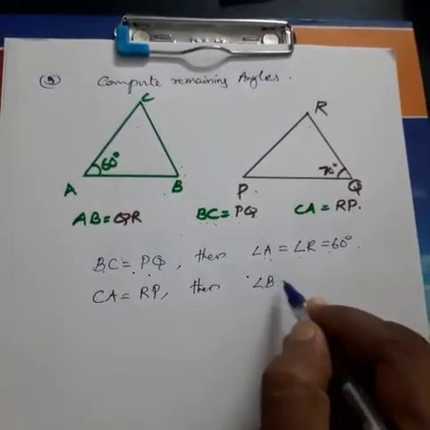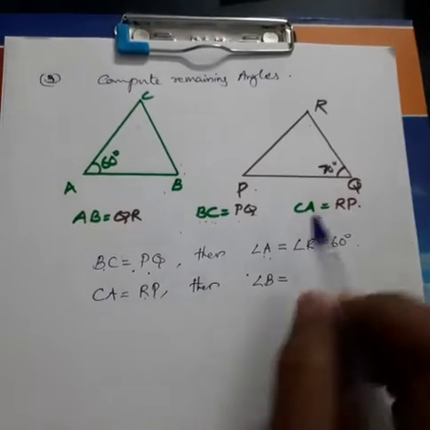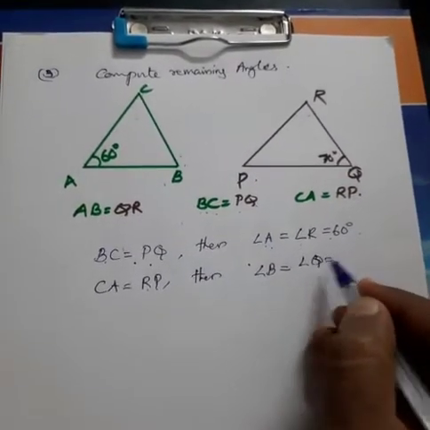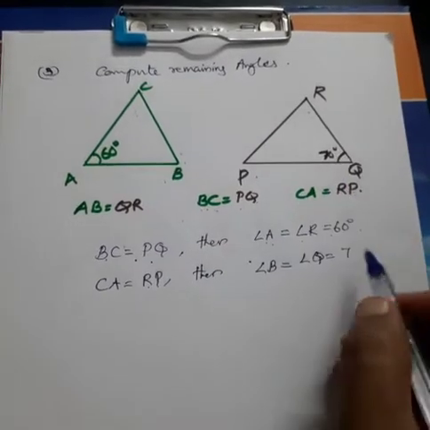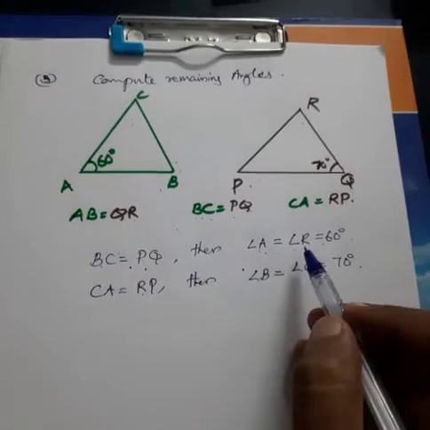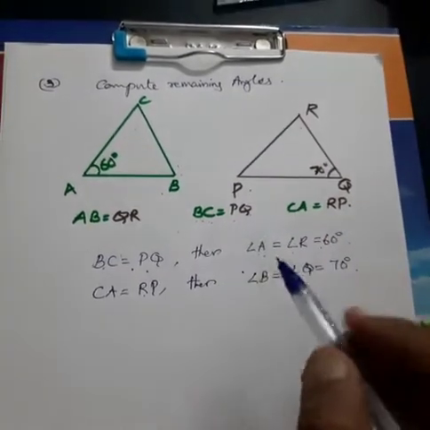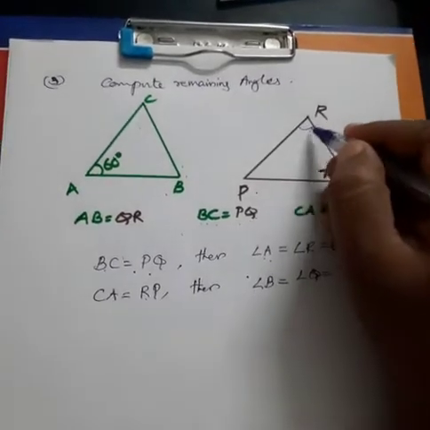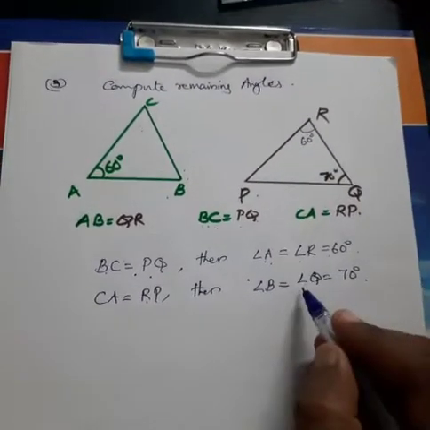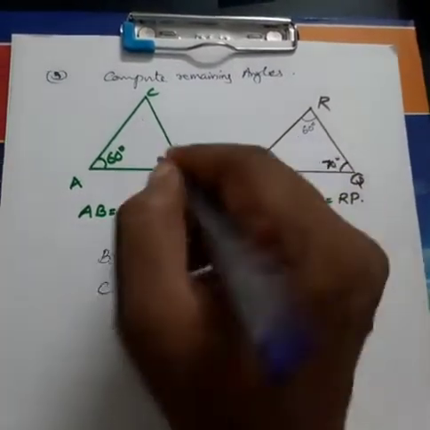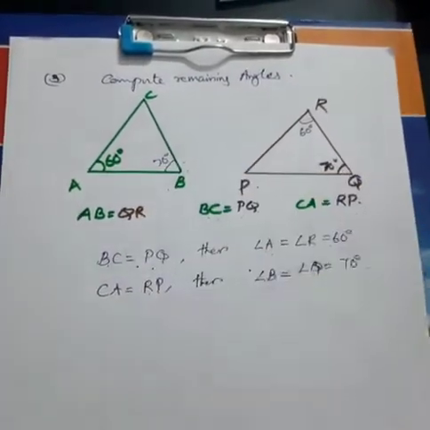Angle B is equal to the opposite of RP, angle Q. So what is the value? It should be 70 degrees. So two angles we got. Angle A is equal to angle R is equal to 60. Angle B is equal to angle Q is equal to 70 degrees.